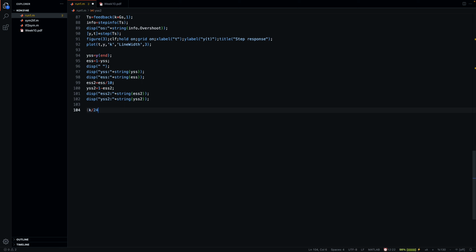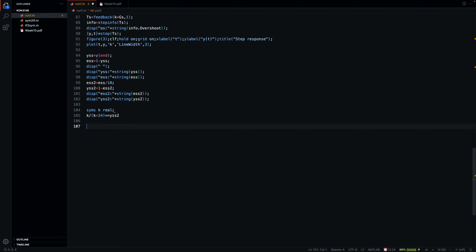And if I take the closed loop with this plus 1, and multiply everything by 24, it's going to be this here. So I can set this equal to YSS2 in order to come up with the appropriate gain value that corresponds to the tenfold reduction.